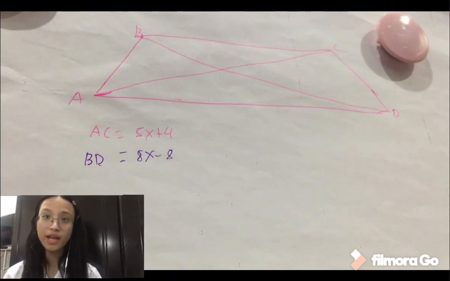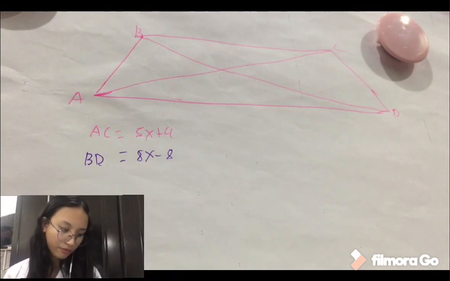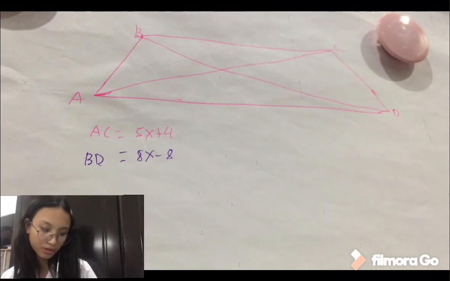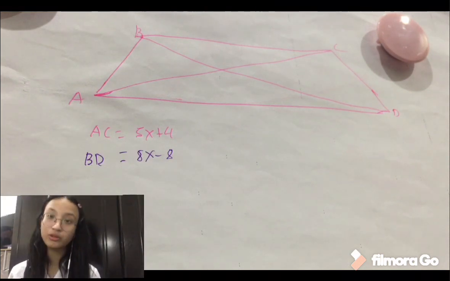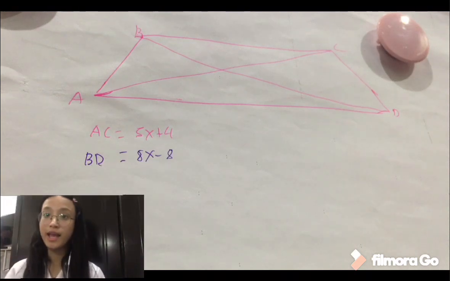How long is segment AC? We know that for an isosceles trapezoid, the diagonals are equal to each other. So AC has to be equal to BD. AC is equal to 5x plus 4 and BD is 8x minus 8.